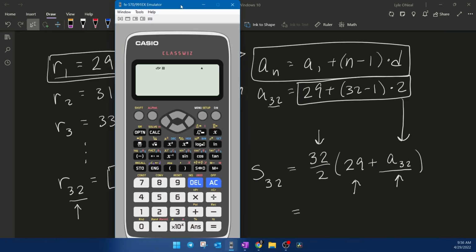And so going back to my class whiz, we're going to have 29 plus, in parentheses, 32 minus 1, times d. And so the 32nd term, or in this case, the last term in the sequence, or you could say the 32nd row in the theater, is going to have 91 seats.